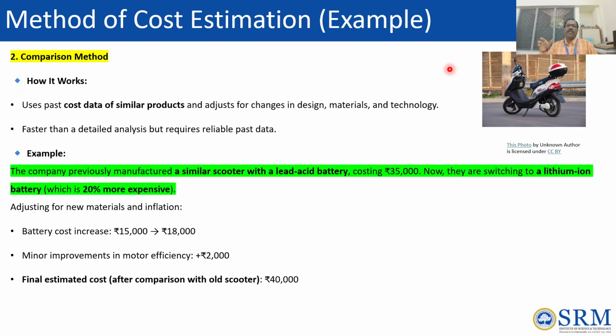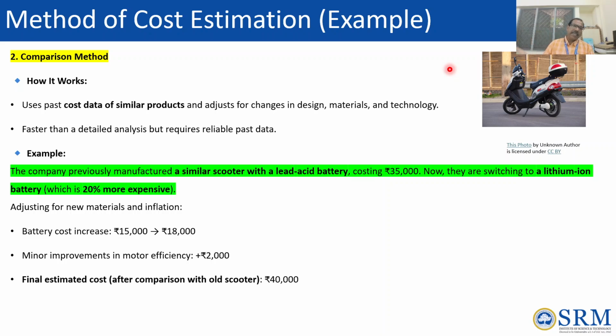For example, nowadays technology will give an alarm when you go beyond a speed limit, or overload, or if it is an EV, on battery capacity, right? Or if you have forgotten to lock your vehicle, it will give an alarm, or there is a mobile phone connected version. So if you are upgrading something with the existing data, that time you can go for the comparison method.